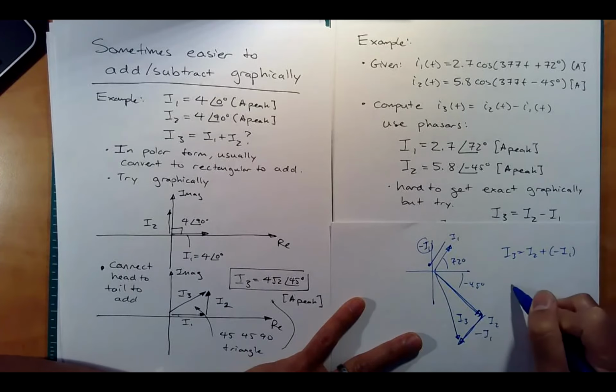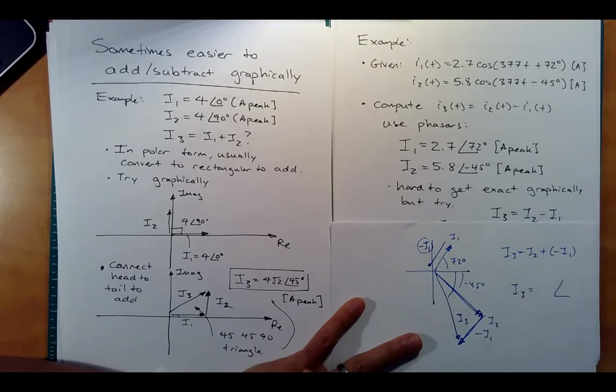So we can see that I3 is going to have some angle which is bigger than 45, so maybe negative 60. And this length is going to be bigger than even 5.8, because look, it's a little bit longer. So maybe 6.5, something like that.